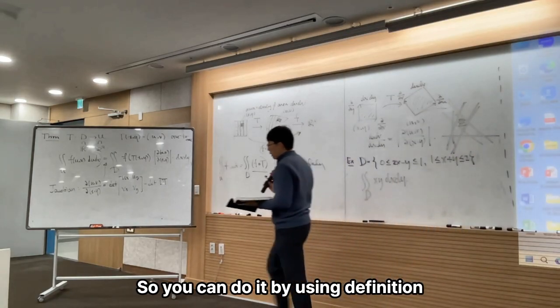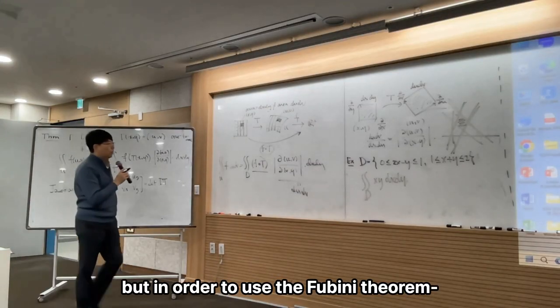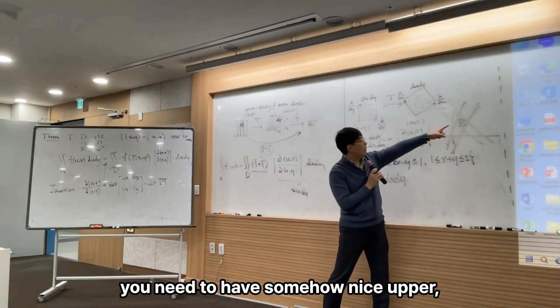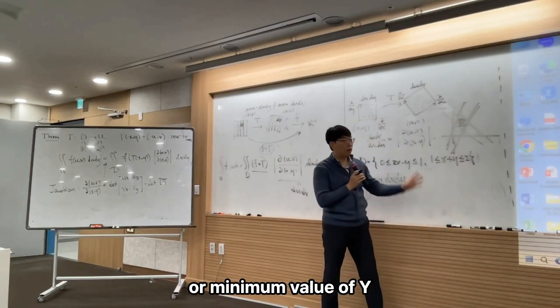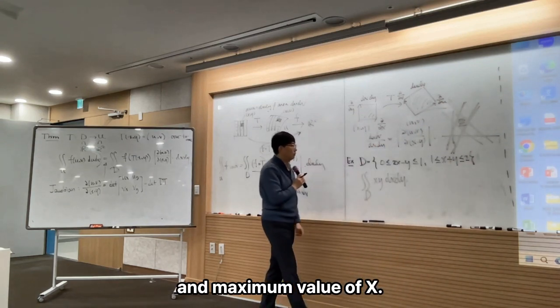So you can do it by using the definition, but I want to use the Fubini theorem. But in order to use the Fubini theorem, you need to have a nice formula to bound the maximum and minimum value of y, or vice versa for the minimum and maximum value of x.